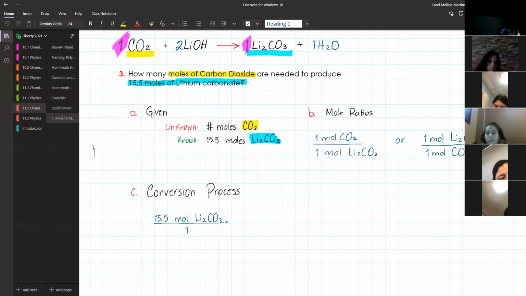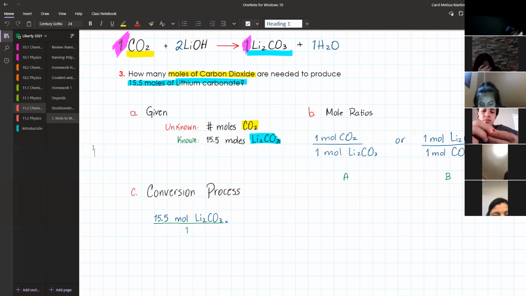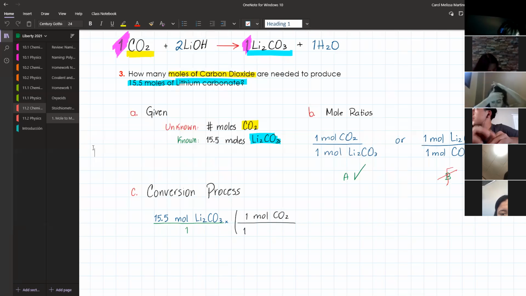Now, which mole ratio am I going to use? Am I going to multiply A or B? A, because Li2CO3 is in the bottom, okay? So yes, it's going to be with A, not with B. So I write the mole ratio here. One mole CO2 produces 1 mole Li2CO3.